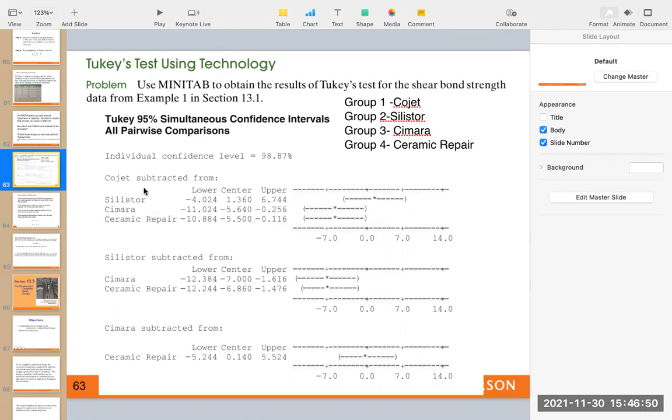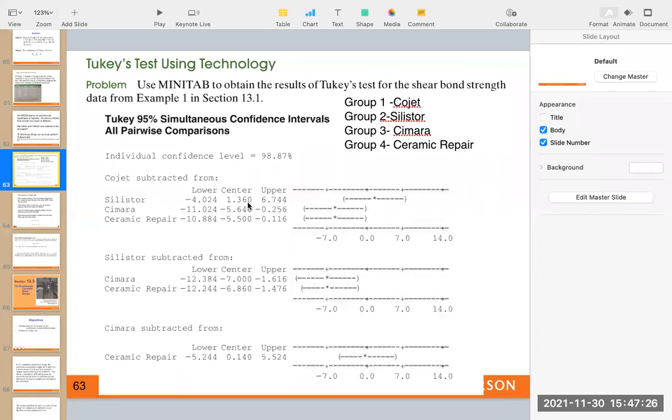So between Cojet and Silistor, the 95% confidence interval for the difference between the means is between a lower bound of negative 4.024 and 1.360. Since 0 is contained in that interval, 0 is an expected value to find when we subtract the 2 means of these 2 values.